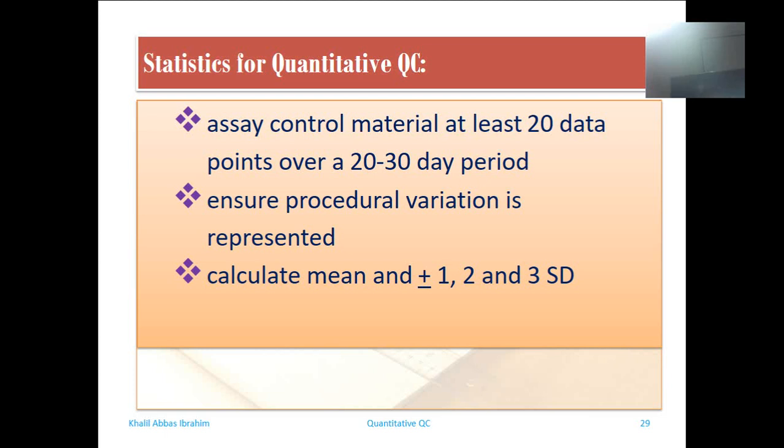This is to say, if you have different technologies in the laboratory used to examine the samples, you need to include those different technologies when testing the quality control materials to obtain those values with which you are going to design your control chart.